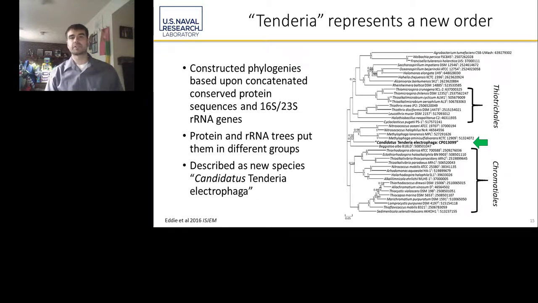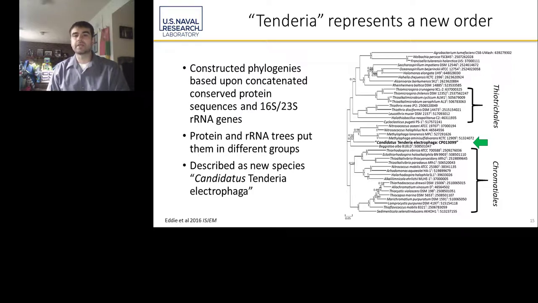If you just look at the 16S, it looks like it's a member of the Chromatiales, which I talked about before as the purple sulfur bacteria. However, if you look at the whole genome, it looks more closely allied with the Thiotrichales, which are a different group of bacteria where some of them are autotrophic, but they're not photosynthetic.